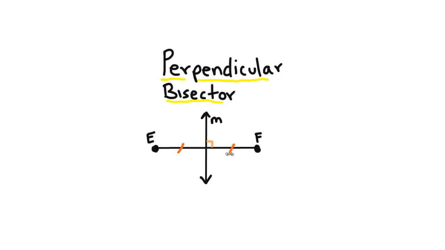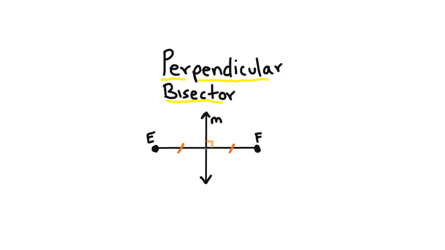The orange one, the little dash mark here and here, which indicates that line M cuts through EF at the midpoint. Okay? And also that line M is 90 degrees to segment EF. So whenever that's the case, we have a situation where line M is called the perpendicular bisector of segment EF.